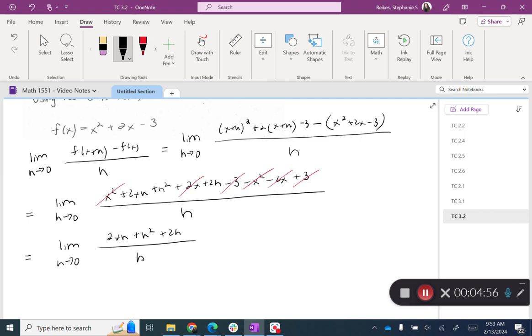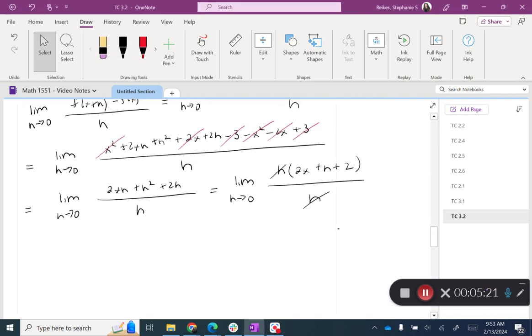I can see in my numerator I can pull out an h from everything, so I have the limit as h approaches 0 of h times 2x plus h plus 2 all over h, and I see my h's can cancel out there.